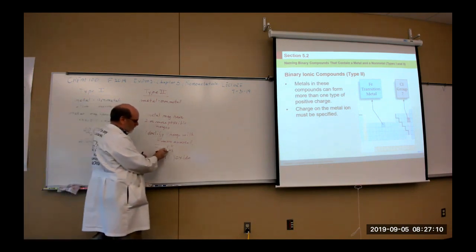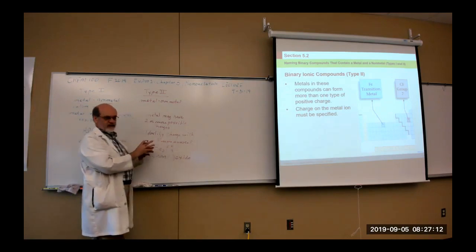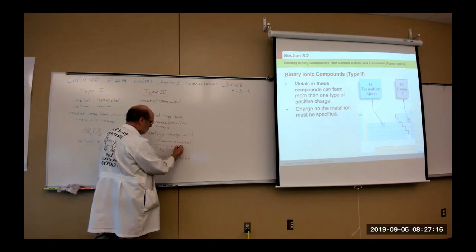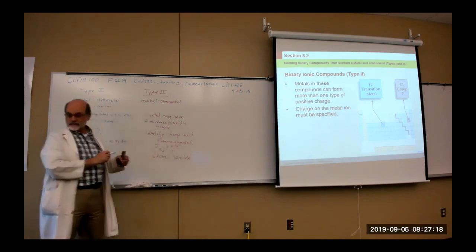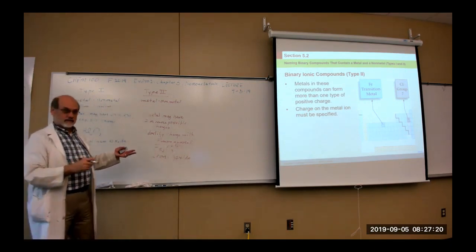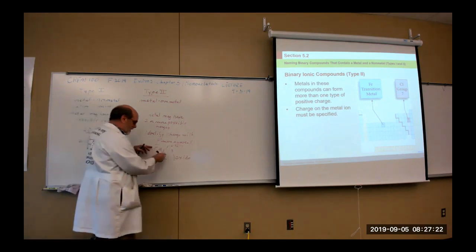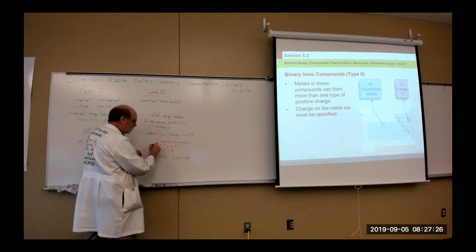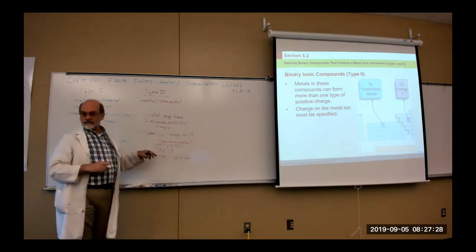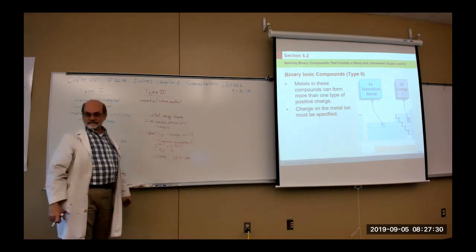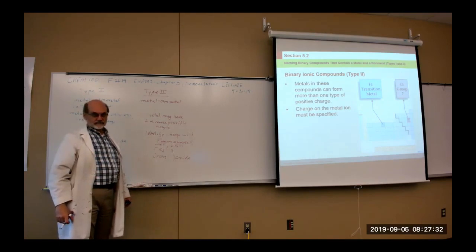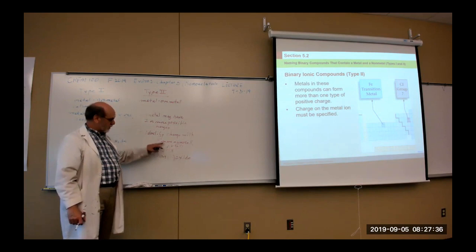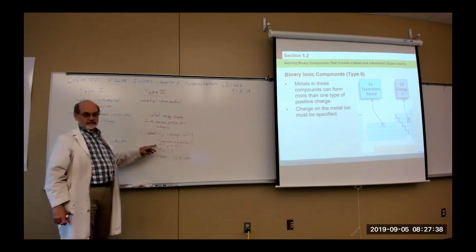And if we have 3 oxygens at 2 minus each, how many total minuses do we have? 6 minuses, right? 3 times 2. So that means the total over here has to be 6 plus to balance that. Right? If the total over here is 6 minus, the total over here has to be 6 plus.